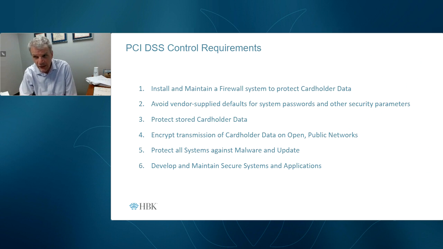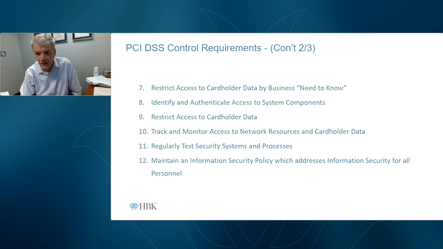I think it's about 50 some pages of requirements now over the 12 high-level ones, which are the firewall, vendor support password, cardholder data, encrypting transmissions, protecting against malware, and developing and maintaining secure applications.